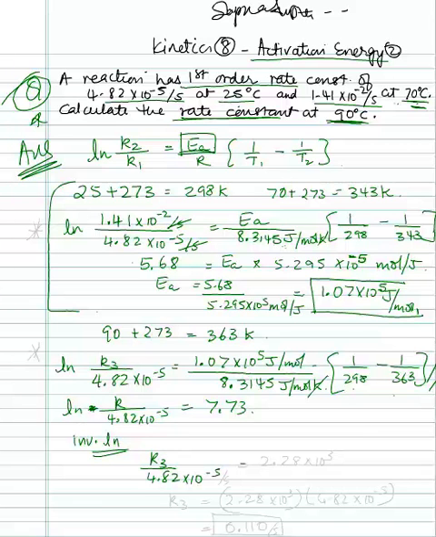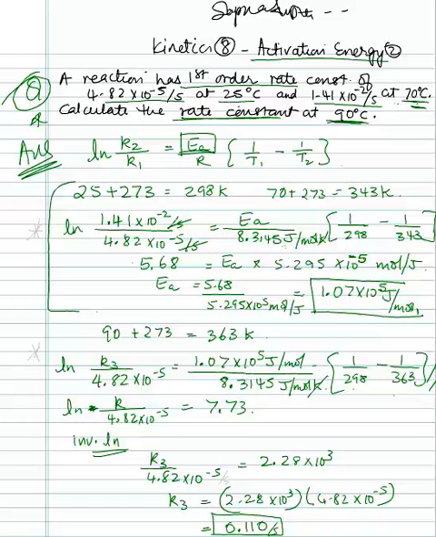And so then K3 is equal to 2.28 times 10 to the power of 3 times 4.82 times 10 to the power of negative 5. And so K3 is 0.110. And this should be per second, because it's still a first order reaction, and I did not write my units here, but they're over here, so this is per second.